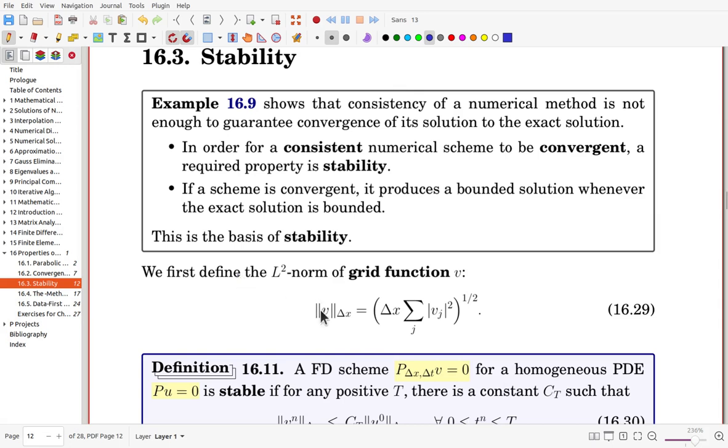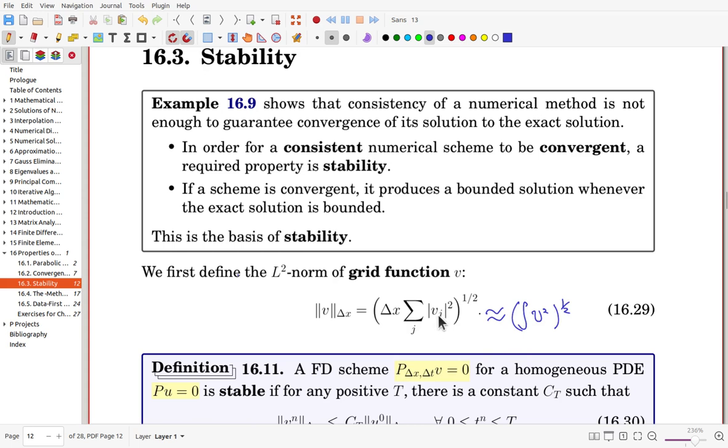V is a grid function, and its L2 norm is defined in this way: square sum, and now delta x is multiplied, and the whole thing to the power half. This is a sort of approximation of the L2 norm of a continuous function.